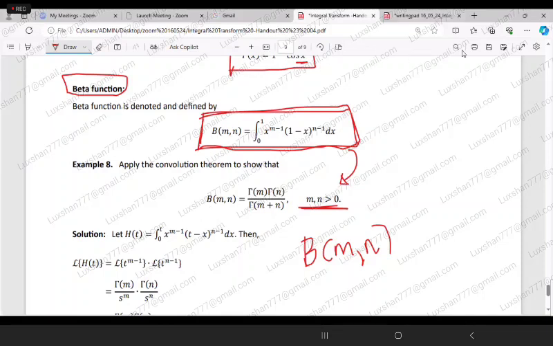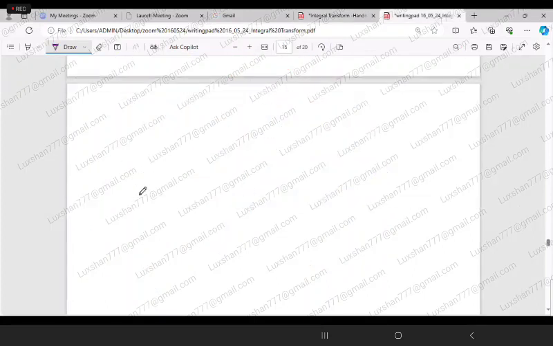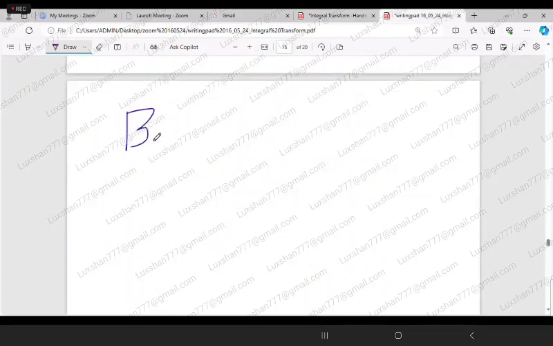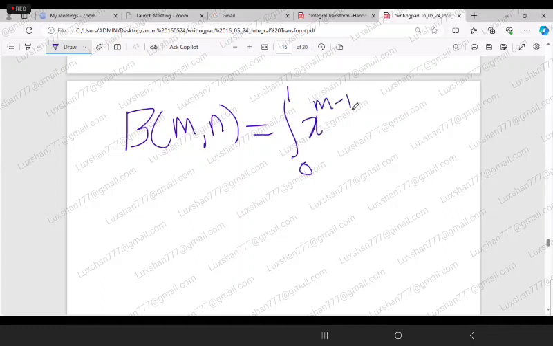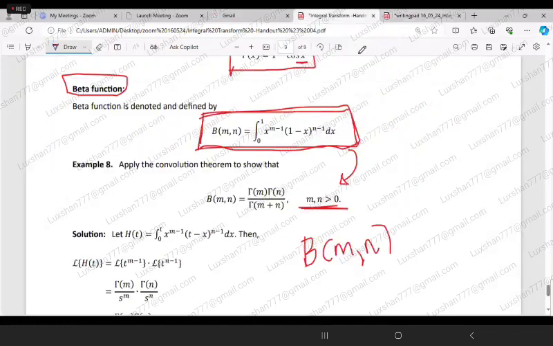Right. So the beta function is defined as beta(m, n) equals the integration from 0 to 1 of x to the power m minus 1 into 1 minus x to the power n minus 1 dx. That is the definition.